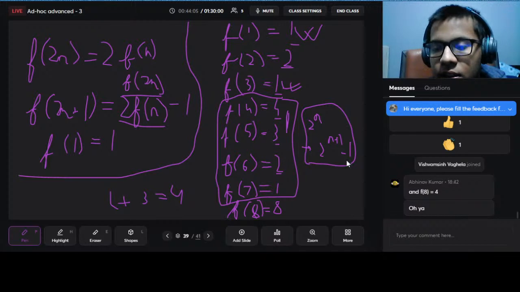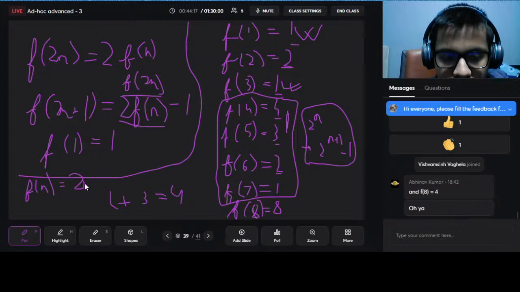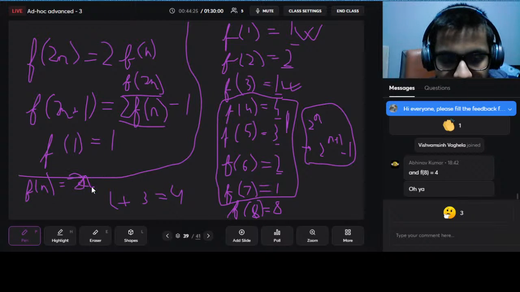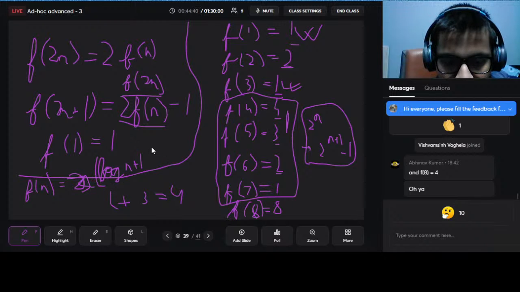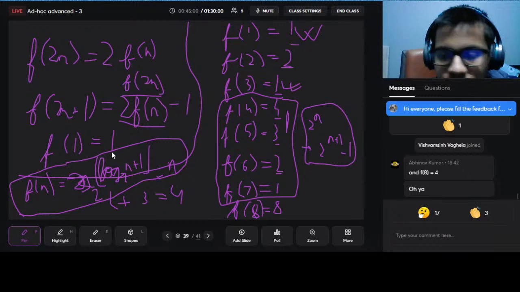You can even write it at this point as if the number f of n equals to n, this term is actually f of n. And then you can do it in the general way.